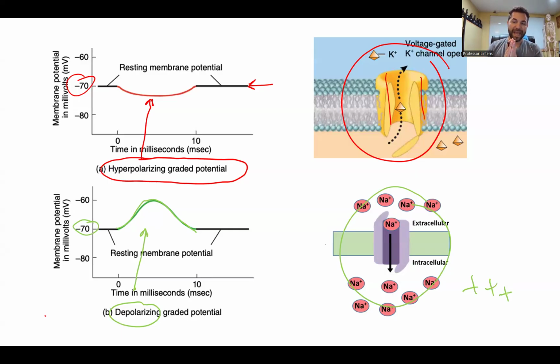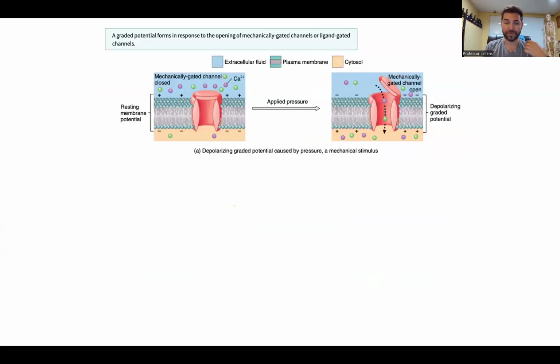So when potassium leaves, the cell gets more negative. We call that hyperpolarization. When a cell gets more positive, we call that depolarization. And if you recall, again, we'd have to reach that magical threshold line. And depolarization is caused by positive things coming in, sodium, and that inside of that cell gets more positive. So two key words, very, very important to recognize that.